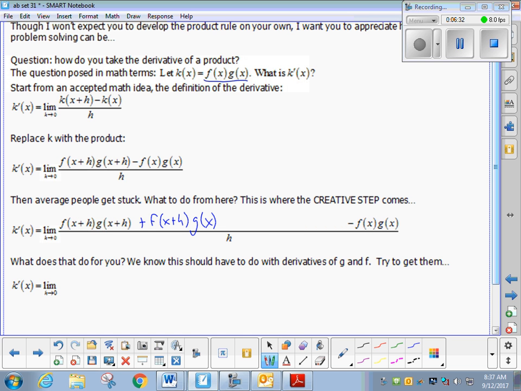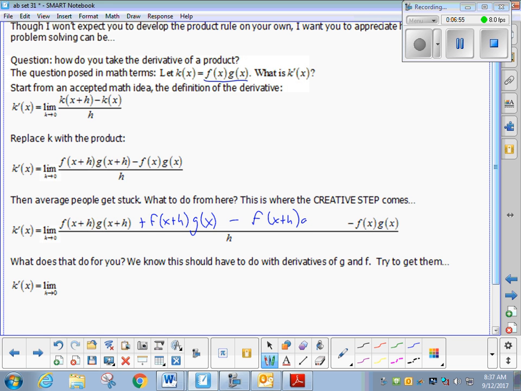But let's talk breaking math. You can't just say, hey, I feel like adding something. You've got to balance it, right? And we balance math in a lot of ways. We can add something to both sides of an equation. Now, I don't want to add that to this side of the equation. I want this to be the derivative. You could also, to balance, as you add, you could balance by subtracting the same thing.